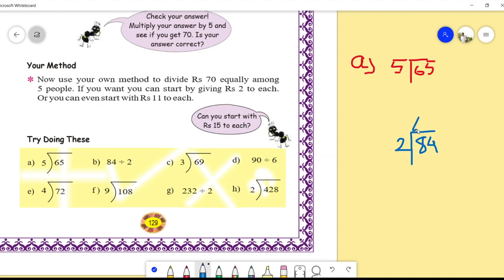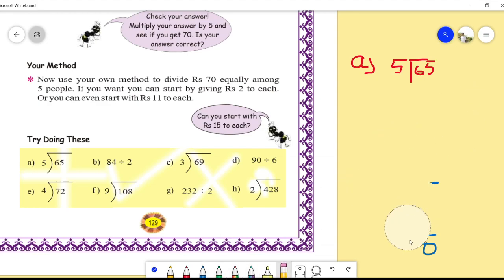Let's directly go for the 40. So 40 into 2 will be 80, right? So the remainder will be 4. Now here plus sign as usual. Now for 4, which number will we need here? 2. So 2 twos are 4, which will give us remainder 0. So 40 plus 2.